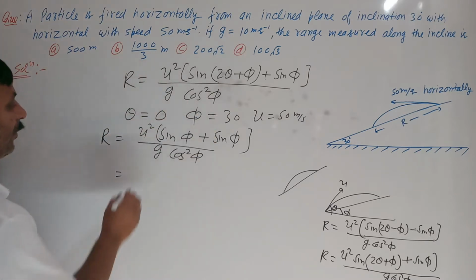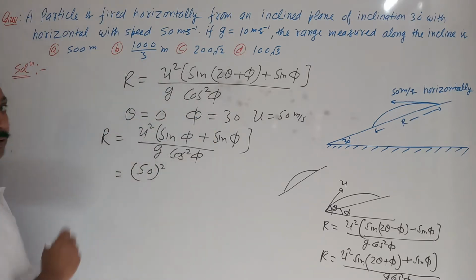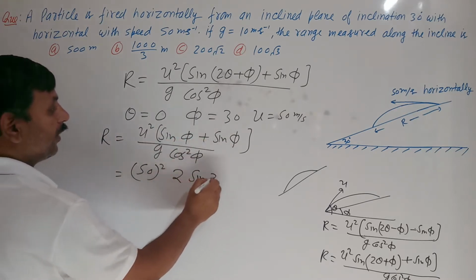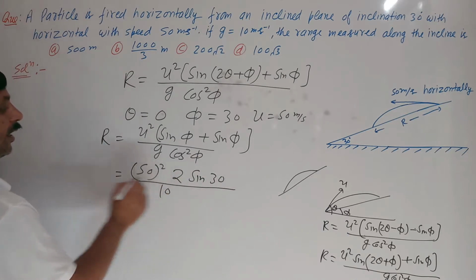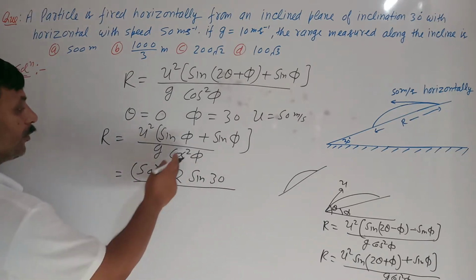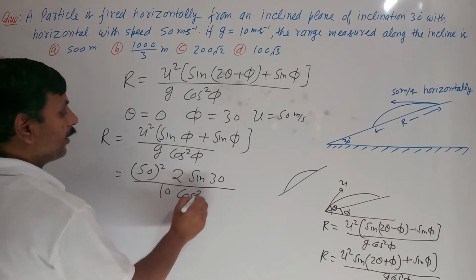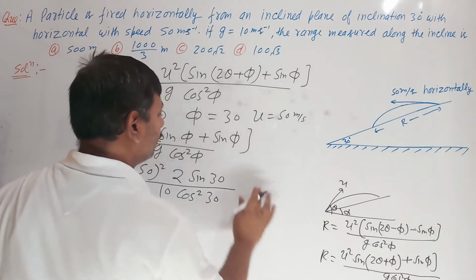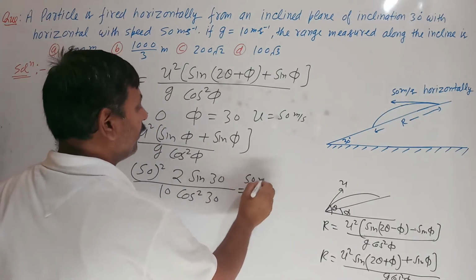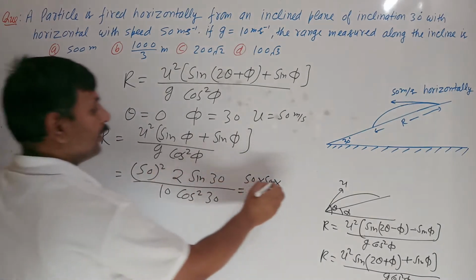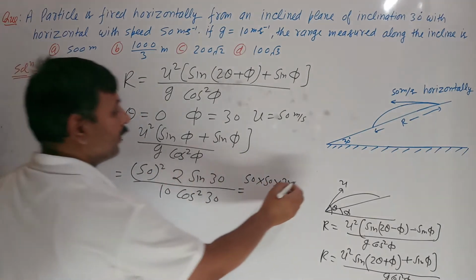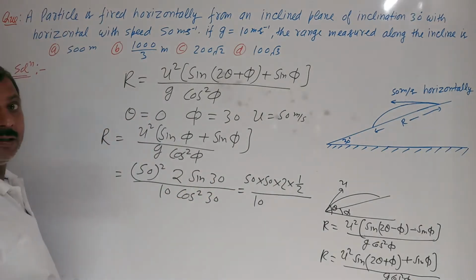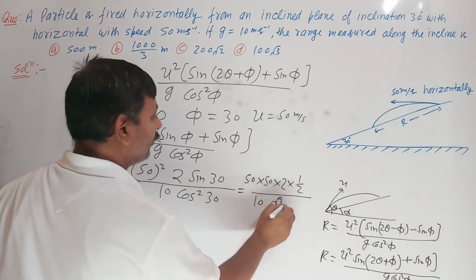So u they have given 50, 50 square, 2 sine phi, phi is 30 degree, g 10, cos square phi, cos square 30 degree. Solve it. 50 into 50 into 2 sine 30, 1 by 2, divided by 10 cos square 30, cos 30 is root 3 by 2 square.